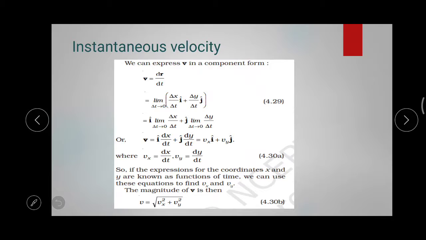The derivation is given here once again. You can see the limit delta t tends to 0 of the x component delta x by delta t, the average velocity of the x component, plus the average velocity of the y component.